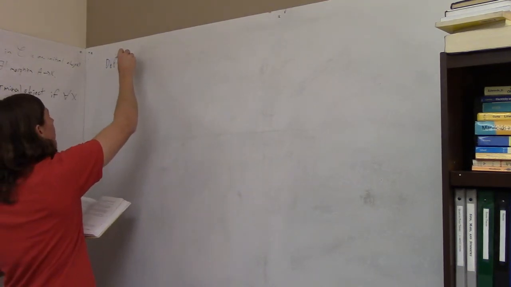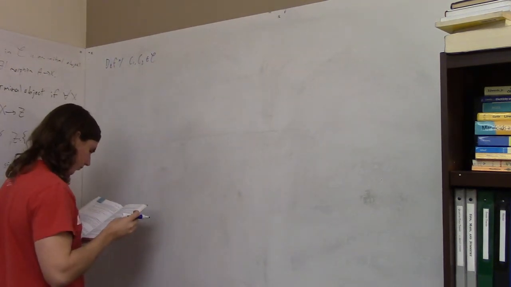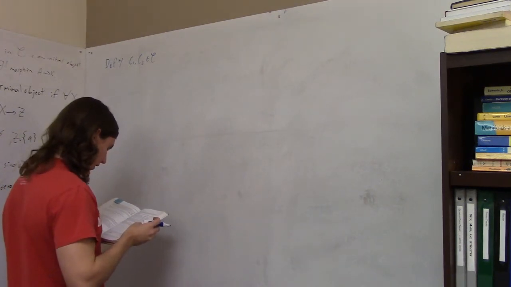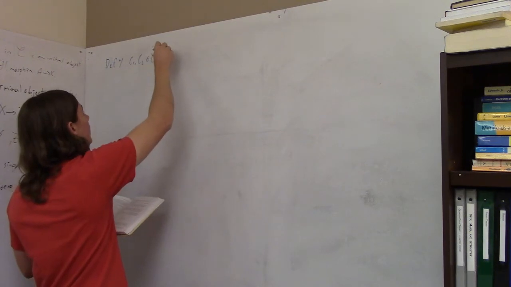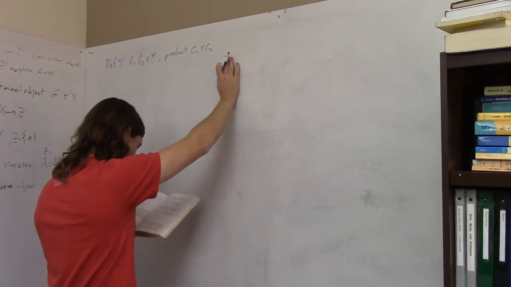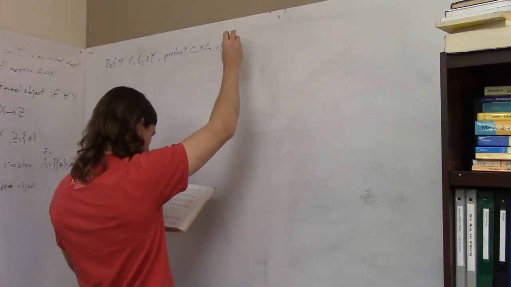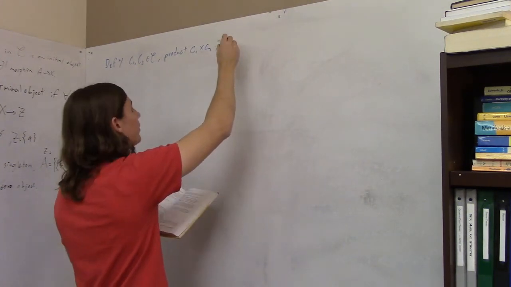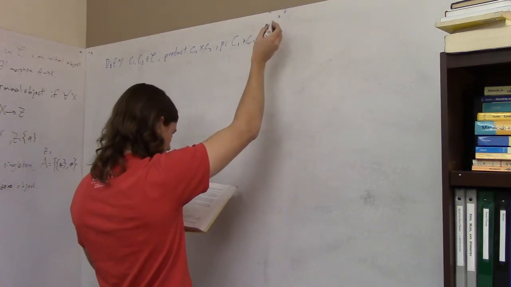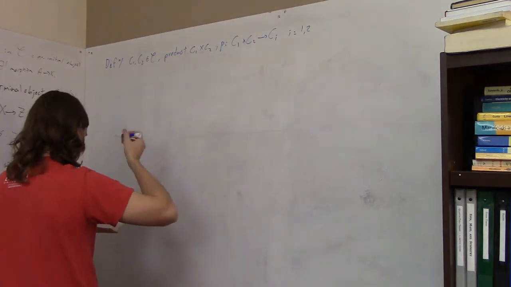So if C1 and C2 are objects in a category, then I'm not sure if that's the proper notation, but that's what I mean. Their product C1 cross C2 comes with morphisms pi_i, for i either 1 or 2, that map C1 cross C2 to Ci, called projections.